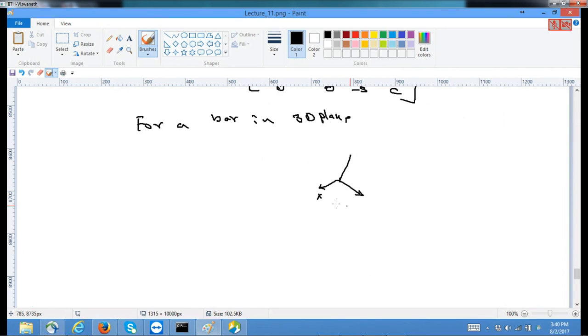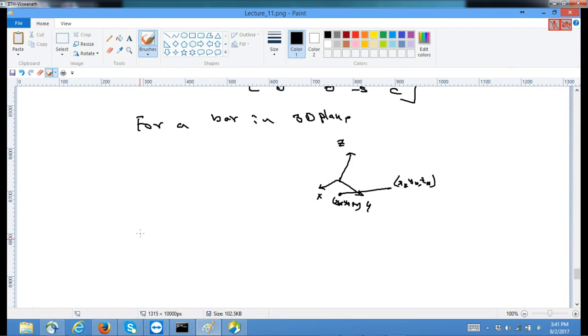This is x, this is y, this is z direction, and your bar can be inclined something like this. It has x, it has y, and it also has the z direction. So it has x a, y a, z a, and x b, y b, z b. So that means it is inclined in 3 dimensions.